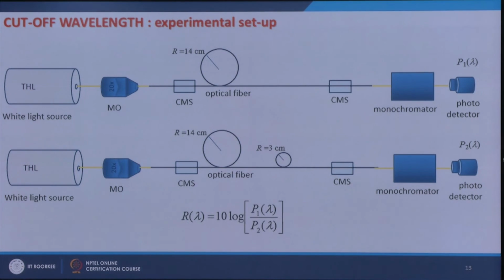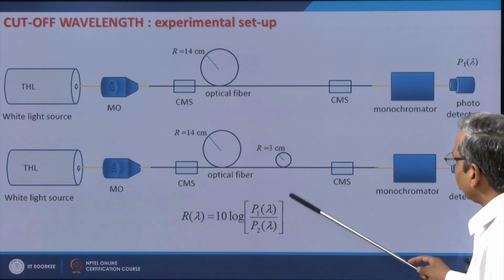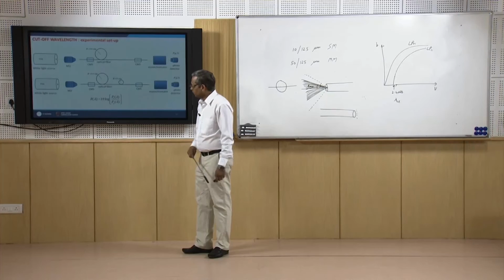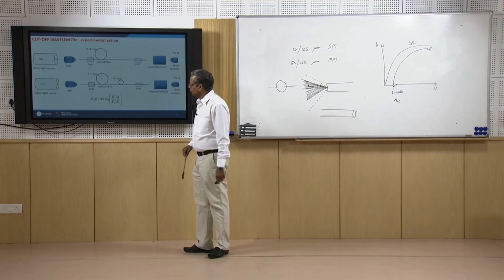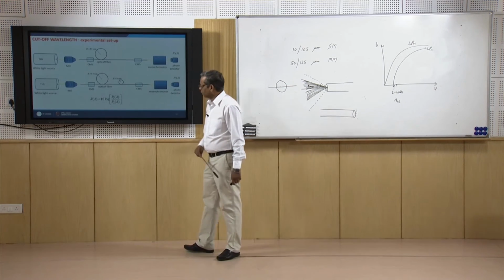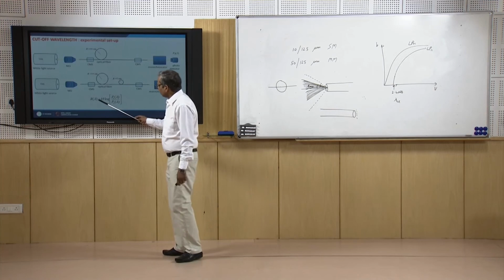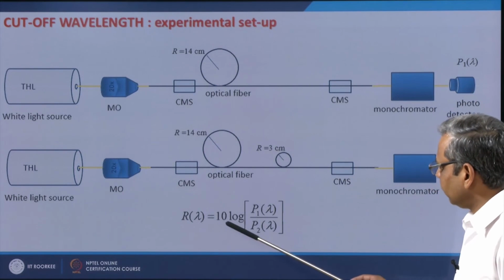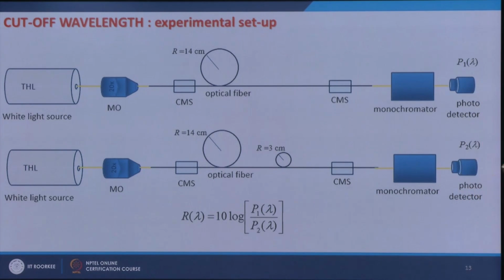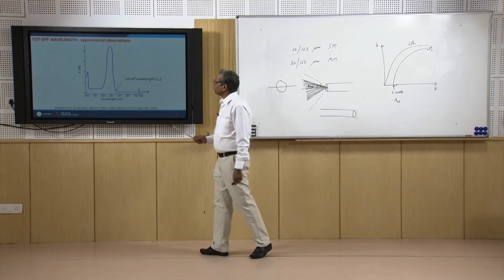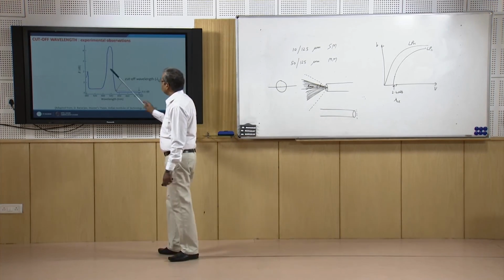Then this ratio of P1 lambda and P2 lambda can give me the bend loss, and can give me the cutoff wavelength. I will show you how. If this ratio in dB is R lambda equal to 10 log P1 lambda over P2 lambda, then I plot this ratio, and when I plot this, it looks like this.